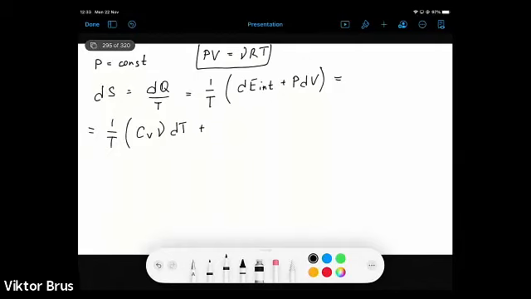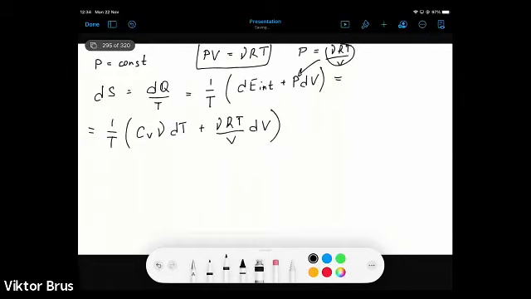So based on this, we can express that P is equal to nu times RT divided by V. So let us substitute this instead of P here, and we will have nu times RT divided by V times dV.